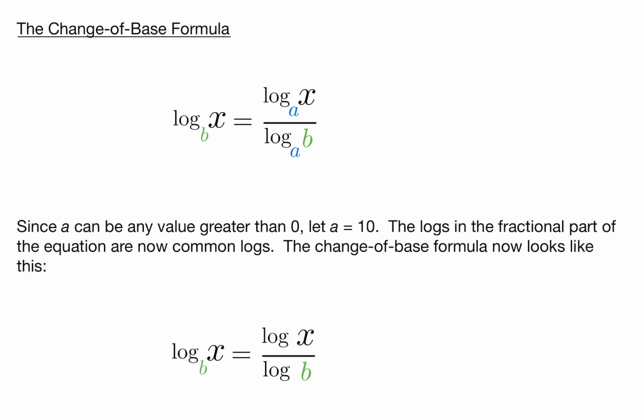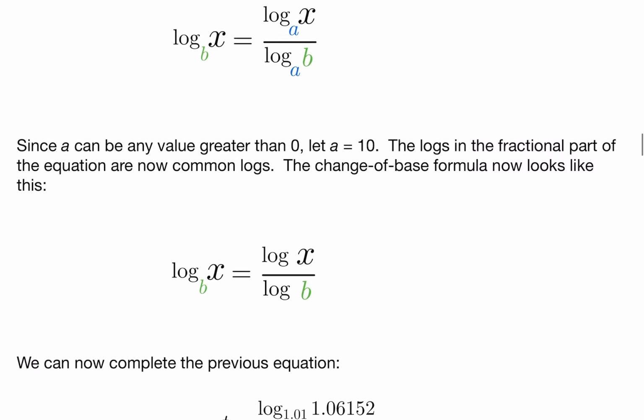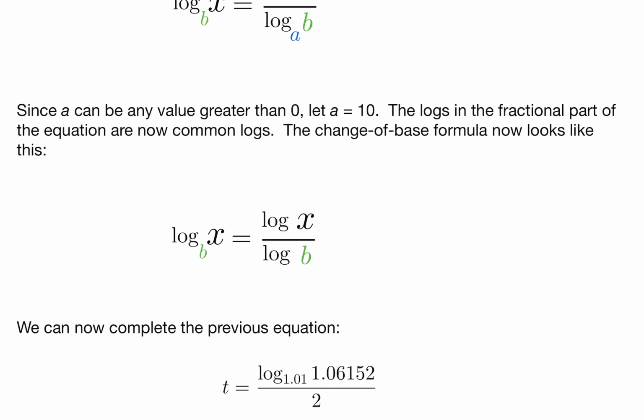So in our calculator, we would say that log of x base 10 divided by log of b base 10 is the same thing as log of x base b. And that's essentially what I've done here. Since this a value can be any value greater than 0, we're going to let a equal 10, because that is the function that we have available in our calculator.